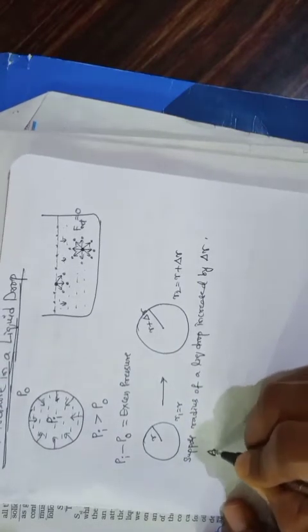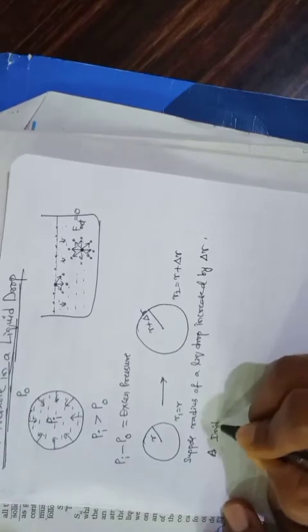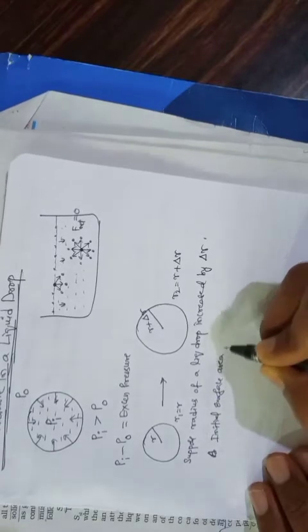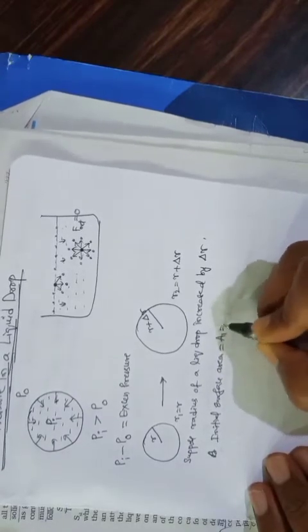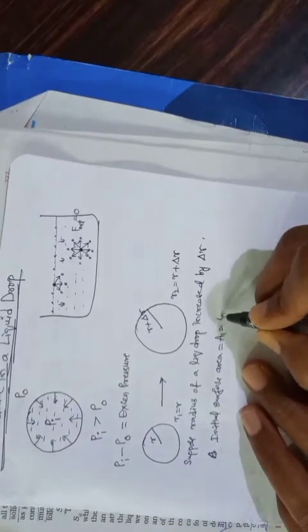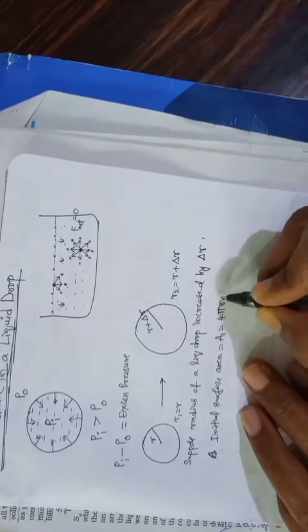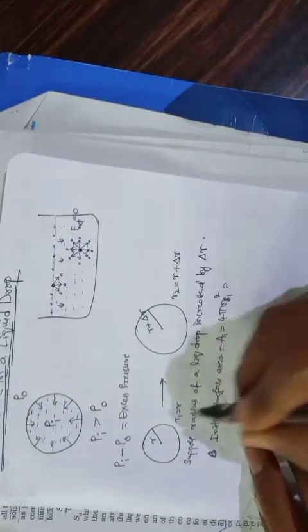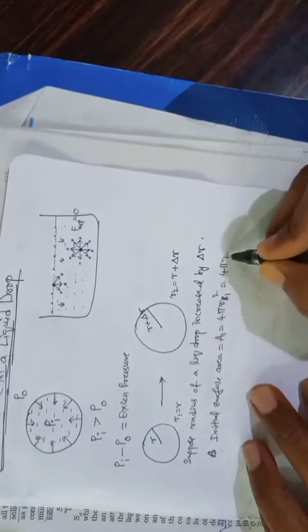Initial surface area A1 is equal to 4 pi R1 square, and R1 is equal to R, therefore 4 pi R square.